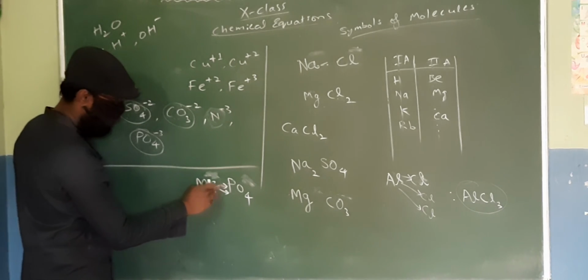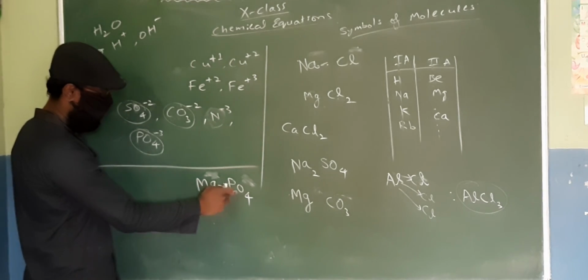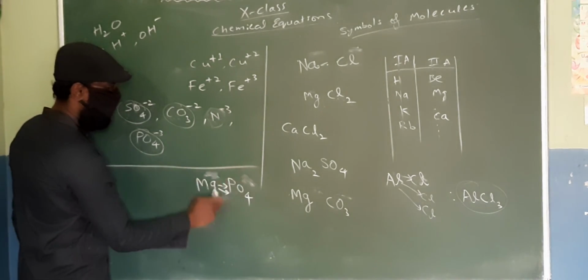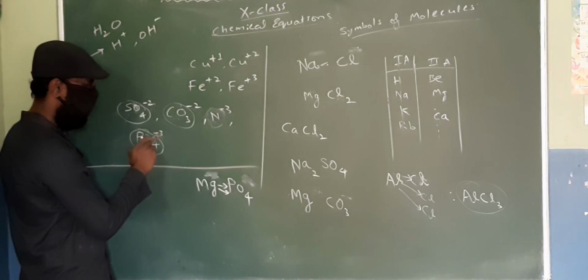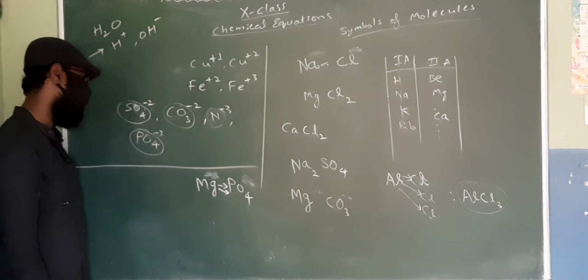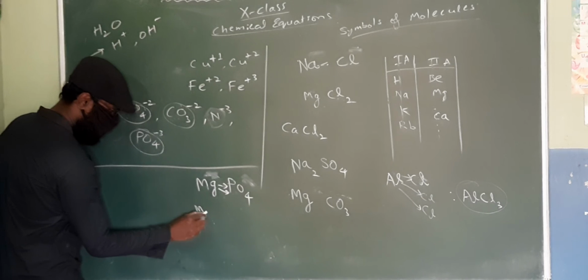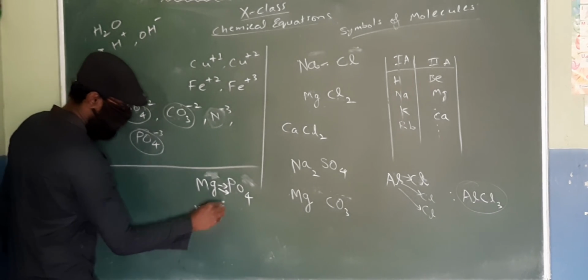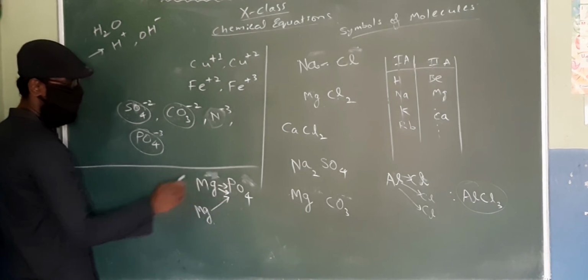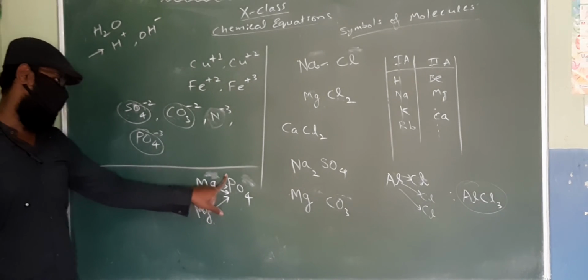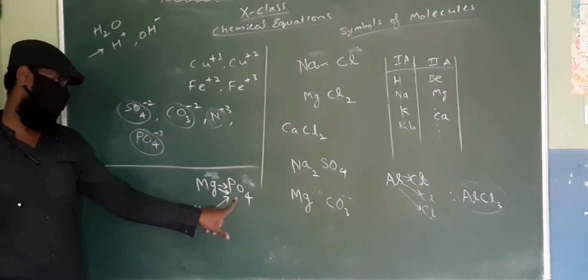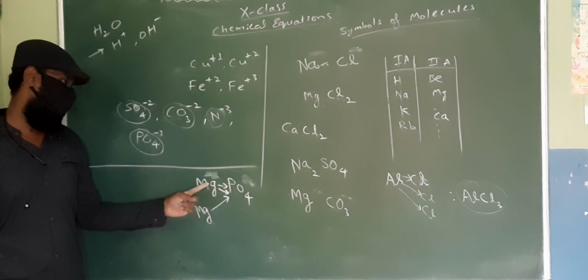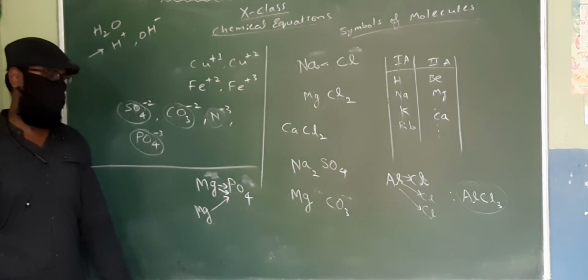That is, magnesium is giving 2 electrons to phosphate. But phosphate is not satisfied because phosphate wants to take 3 electrons. Then what happens is, another magnesium will come here. It will give 1 electron to phosphate. Now is the phosphate satisfied or not? The phosphate is getting 3 electrons here, 2 from the one magnesium and 1 electron from another magnesium.